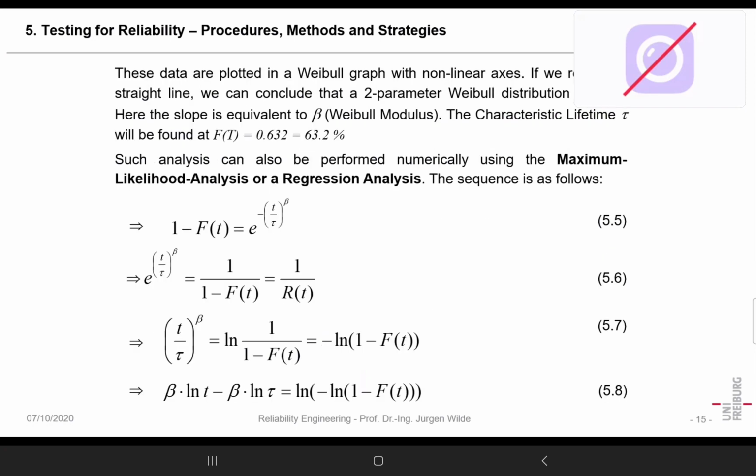Okay, now what you can do is take away the minus, and then you invert that. 1 divided by 1 minus f of t. You can also say it's 1 divided by r of t. Okay. And then when you have an e function, you make a logarithm. That means t divided by tau to the beta is logarithm of 1 divided by 1 minus f of t. But you can also say it's minus logarithm of 1 minus f of t. That's just simple rules.